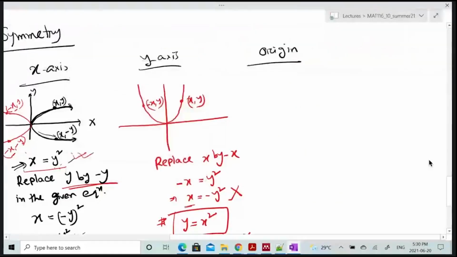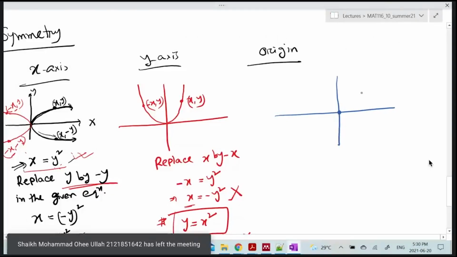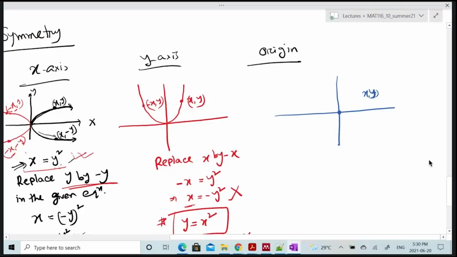Let's pick another column. For this one, we have the coordinates... if we have to mirror about the origin, so if we have any point x, y here... What is meant by origin?